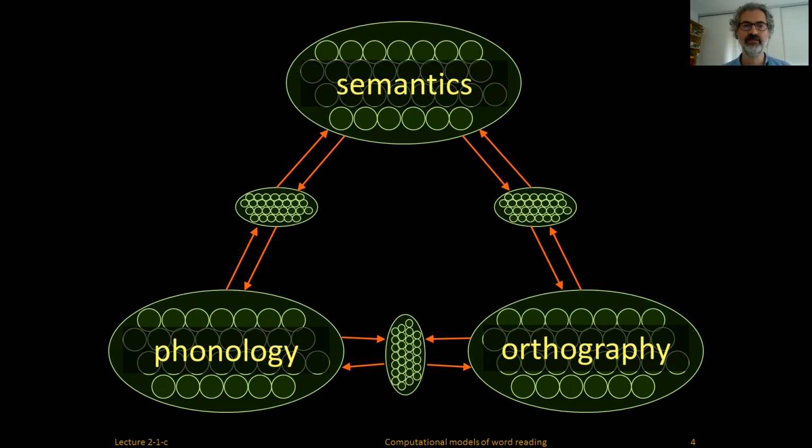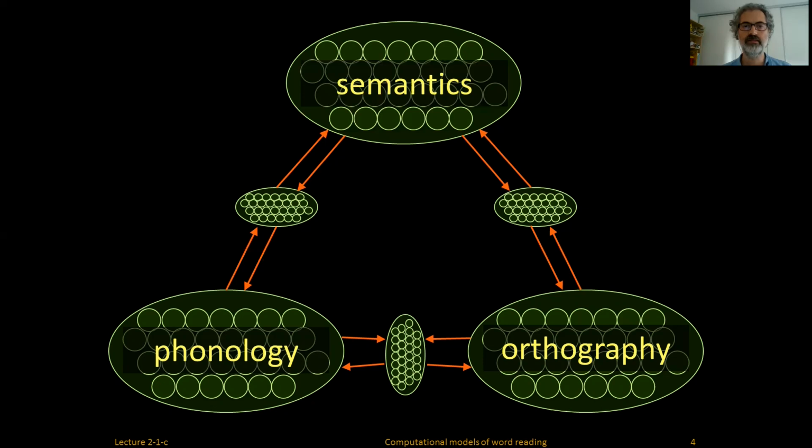In a similar fashion, accessing the meaning of a word that you're looking at involves a direct activation from orthographic to semantic information, as well as a simultaneous indirect activation through the phonological form.